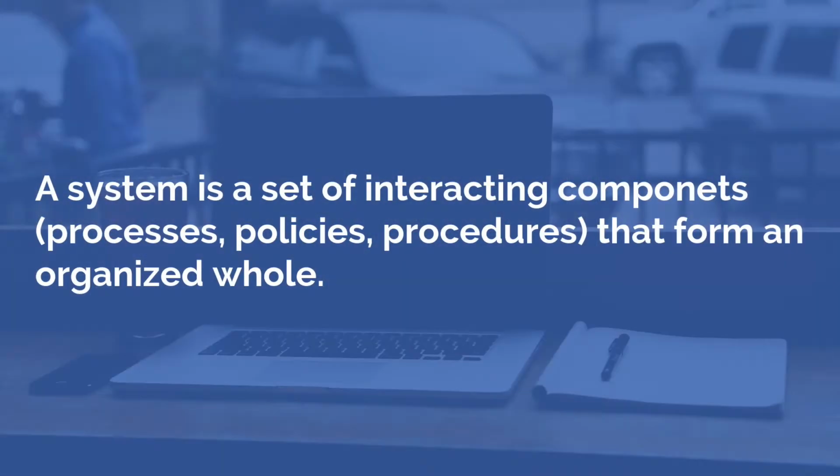I use that word a lot. A system is a set of interacting components. It can be your processes, your policies, your procedures. These things work together to form an organized whole. Those components, processes, policies, and procedures, make up your system.